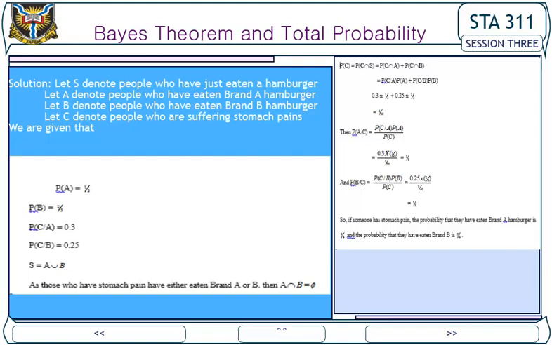So, if someone has stomach pain, the probability that they have eaten brand A hamburger is 3/8, and the probability that they have eaten brand B is 5/8.